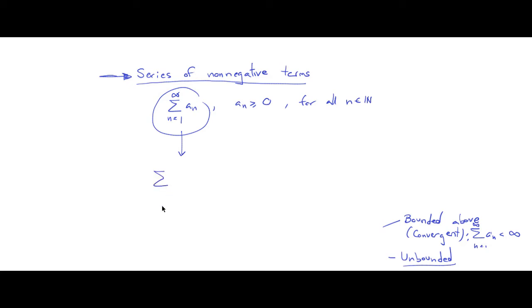So if we take the sum from k equals 0 to infinity of A sub n sub k, where n sub k is a rule by which you take elements here, you can think of this subseries as a subsequence of the sequence of partial sums.